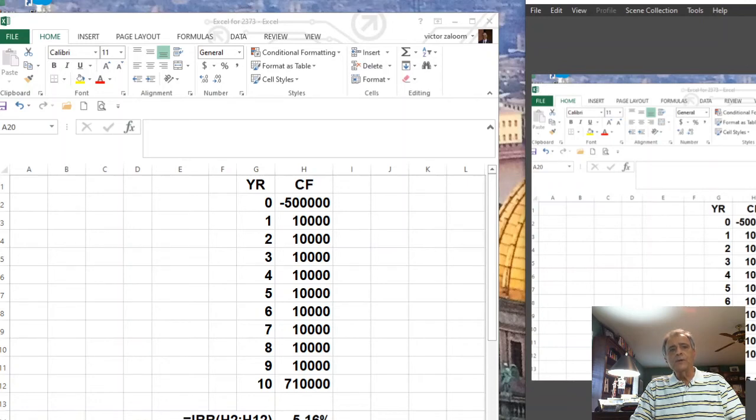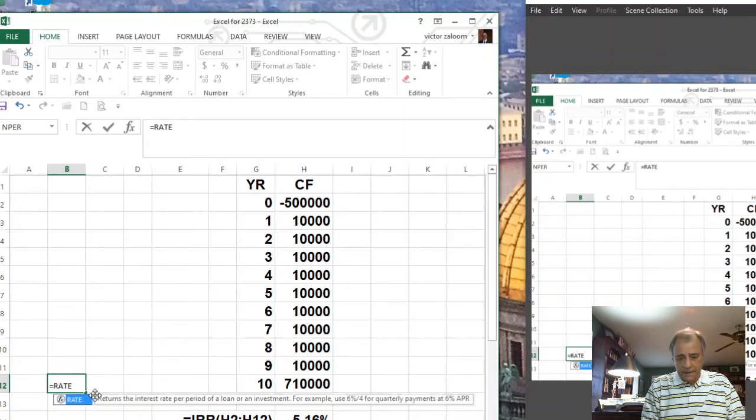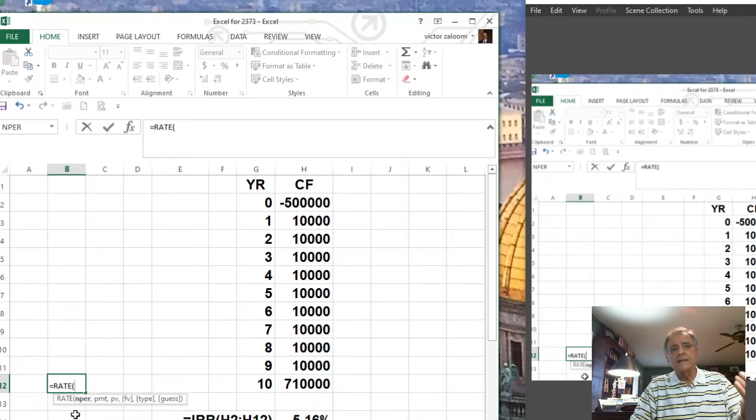So when you put in, for example, I'll put it in over here, equal, and then you put rate, and then open the parentheses, it asks you how many periods, how much is the payment, what's the present value, what's the future value. I put in that there's 10 periods, and I put in the annual equivalent, the uniform series, 10,000.